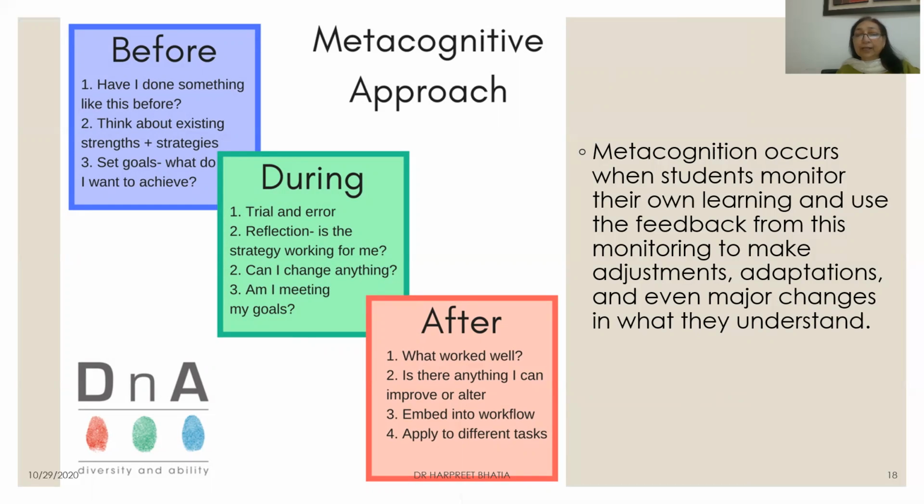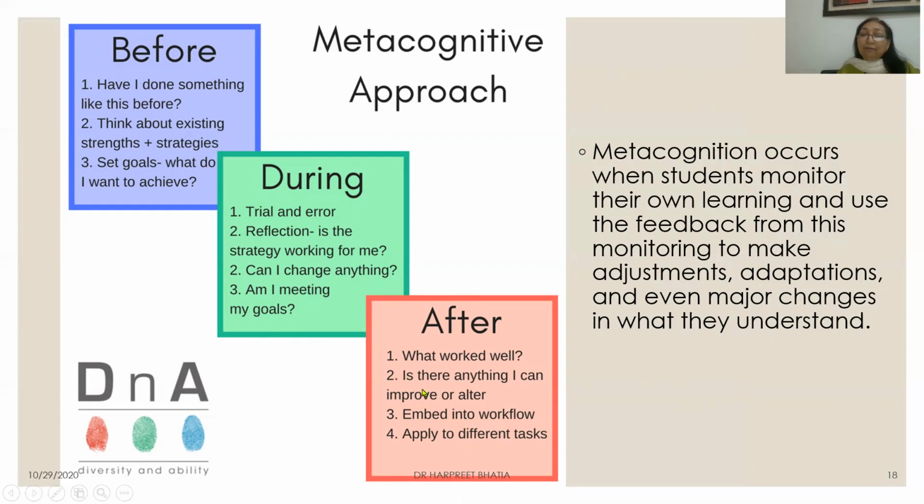During the process of learning, the student can use trial and error, using what they had used earlier to see whether it works now as well. When they see that this is not working, then, okay, what do I need to change? And when I'm doing all this learning, am I reaching, or am I in the process of reaching, the goals that I had formulated for myself?